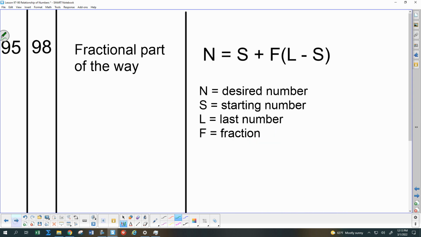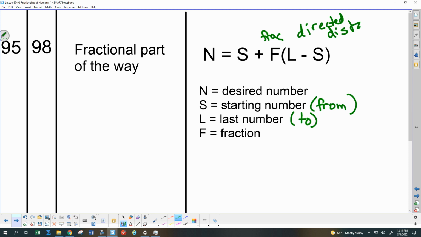So first, let's write down the formula that we're using. We are taking the number that we're looking for. It is the starting one, so that's the one where they say from, plus f, the fraction, and then the last number, that's the one where it says to, and if we subtract them, that's the directed distance, meaning positive if we're starting with something on the left and going towards something on the right, but this will give us a negative when we subtract here if we start on the right and go towards the left, because we would be taking the smaller number minus the bigger number.